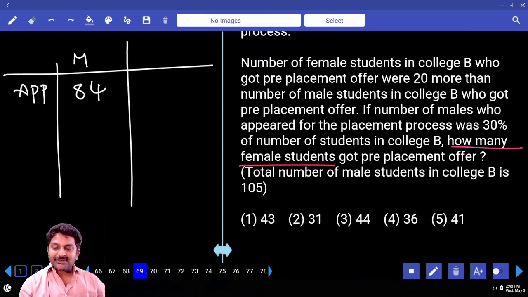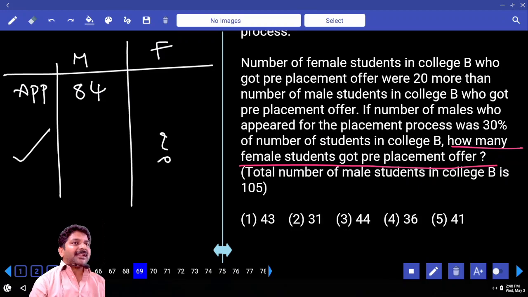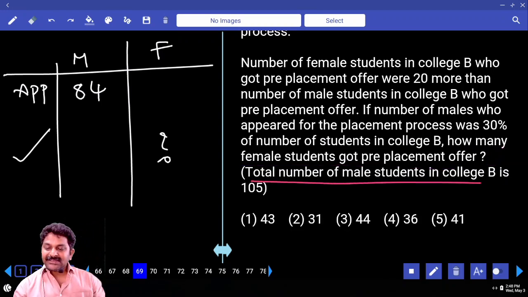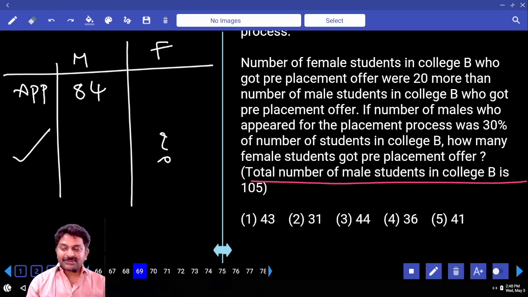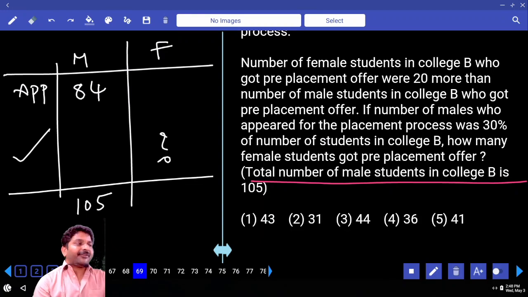How many female students got pre-placement offer? How many got offer? This is what the question is about. What does the tick mark mean? Those who got a job. The question mark is for female. In the bracket, they said something else. Total number of male students in college B is 105. Out of 105 members, how many are appearing for the exam? That means how many remaining people are there? 21.